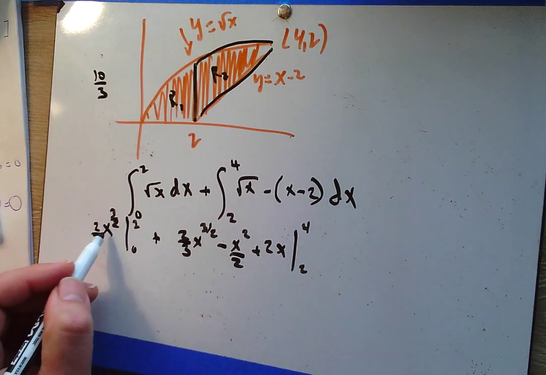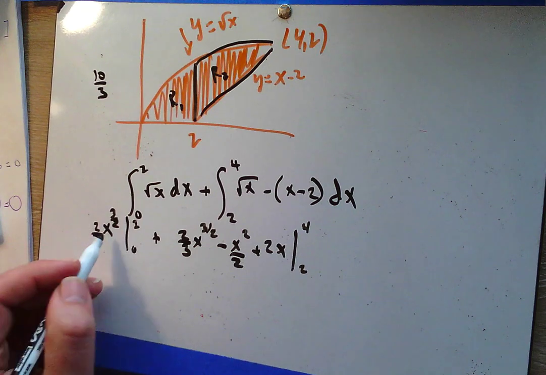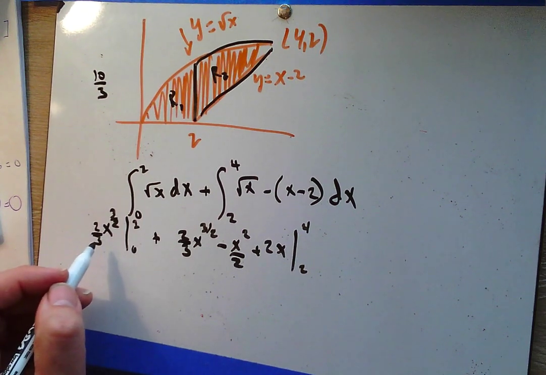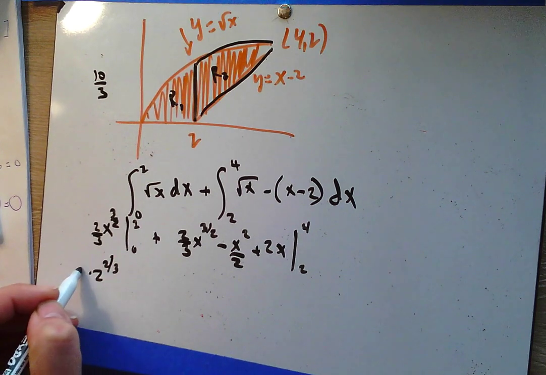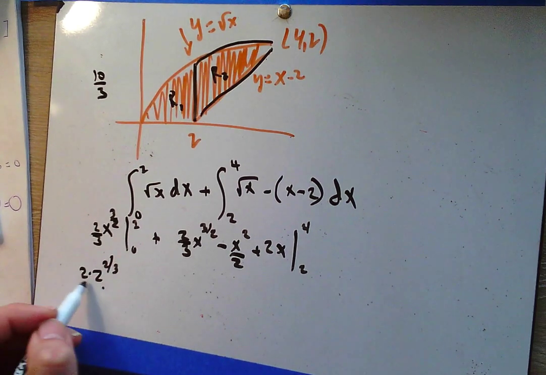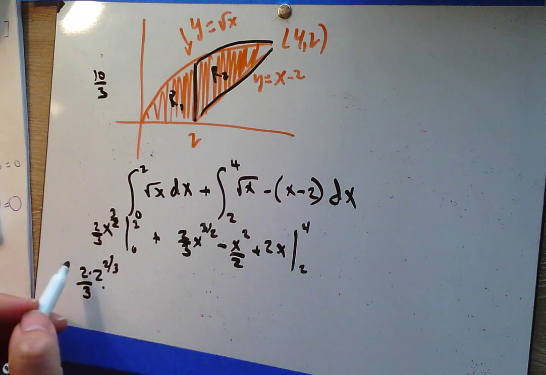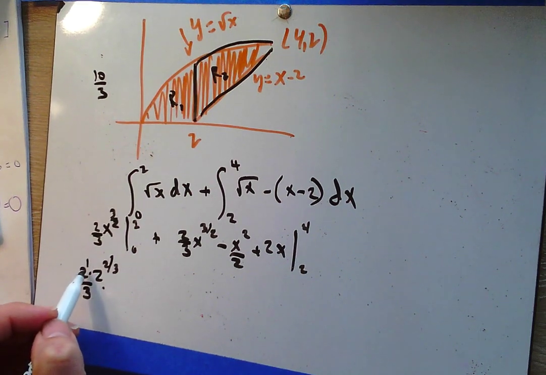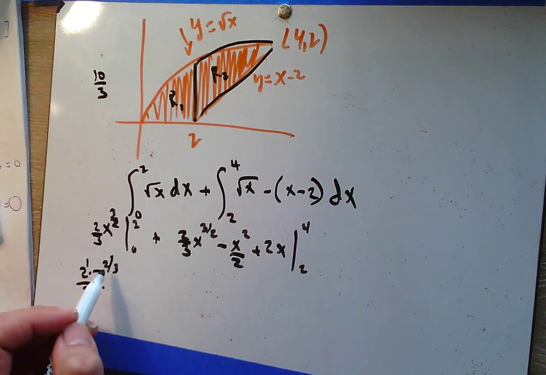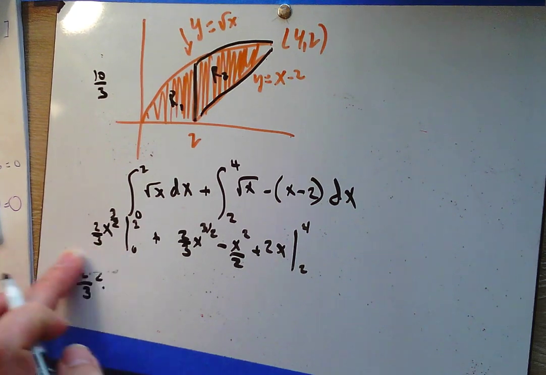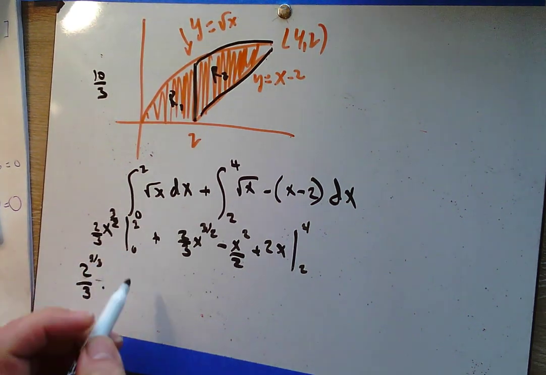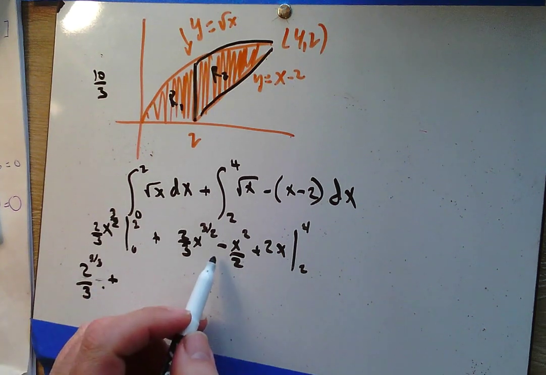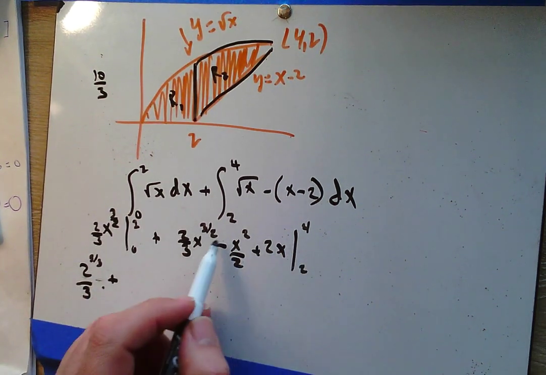I plug a 2 in, I get 2 to the 3/2 times 2 over 3. Well, yeah, that's 2 to the 1, so that's 3/3 plus 2/3. That's 2 to the 5/3. I'm not liking this, are you? Okay, and then over here, we plug in a 4.